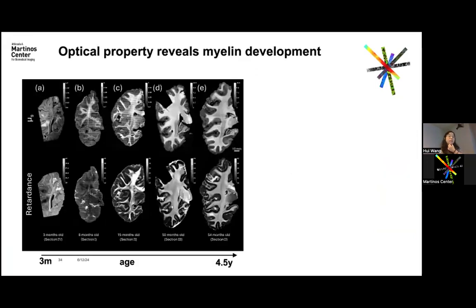Here it shows 5 coronal slabs of brain samples from subjects of different ages. The youngest is 3 months old, then 6 months, 15 months, 2 years, 4 years, and 4.5 years old in the end. This is the scattering coefficient, and this is retardance, which represents the birefringence.